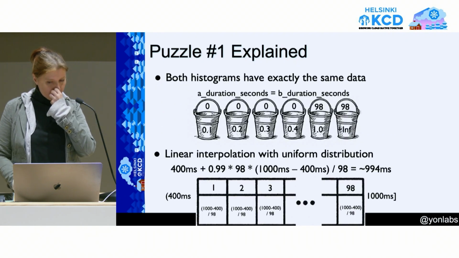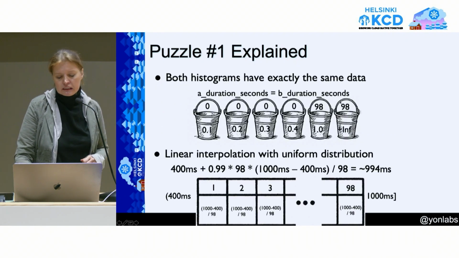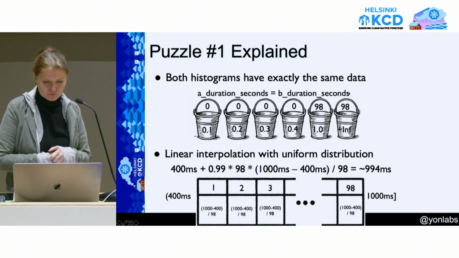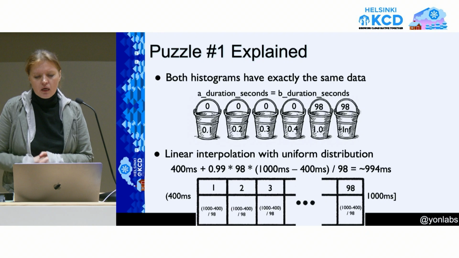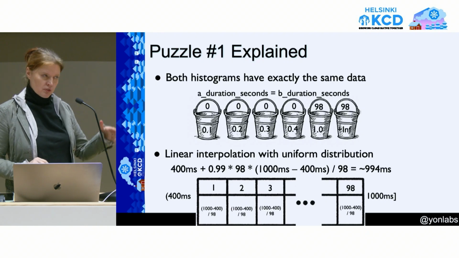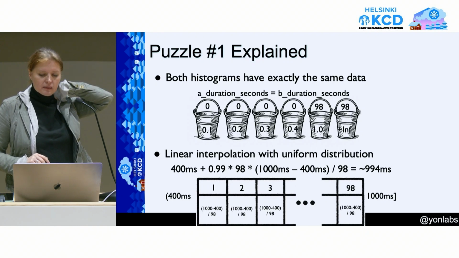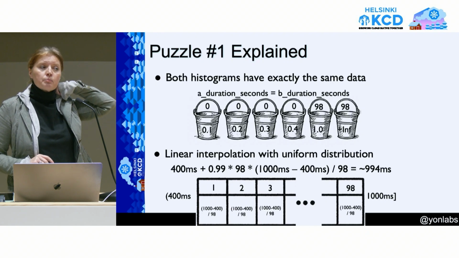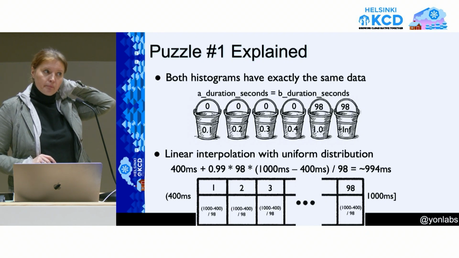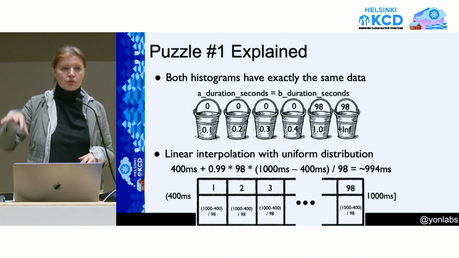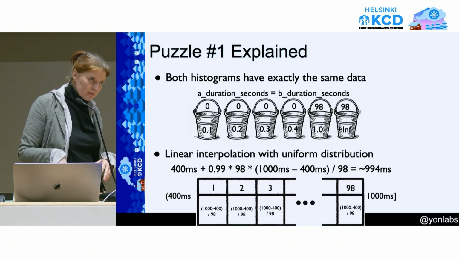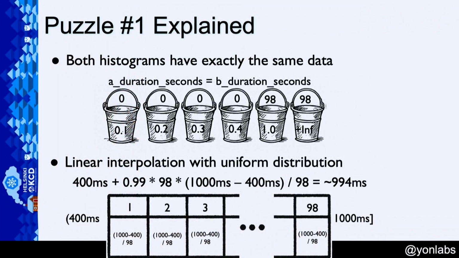How does it work? So here you can see that both histograms have exactly the same data. All observations fall into 1.0 and plus inf buckets. Why? Because Prometheus buckets are cumulative buckets. So the higher bucket contains all the observations from the lower buckets.